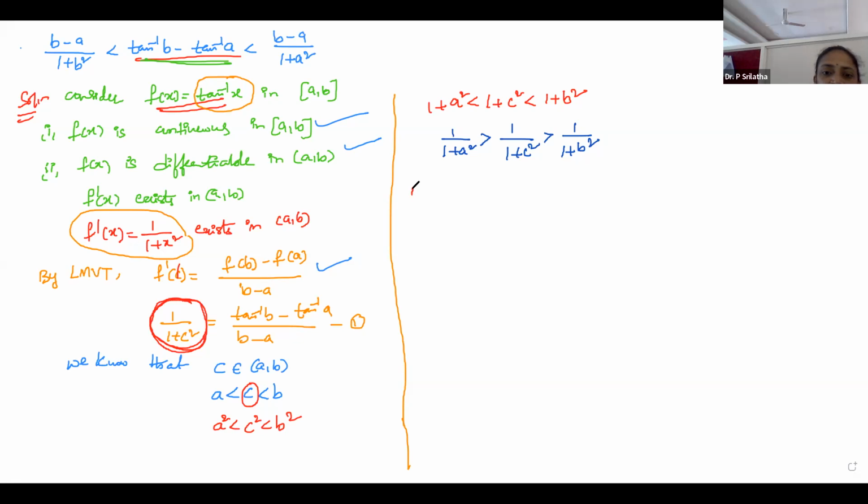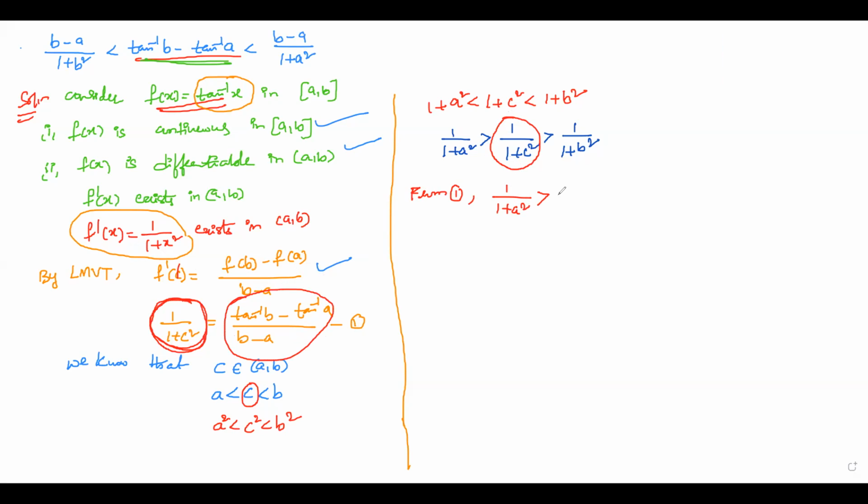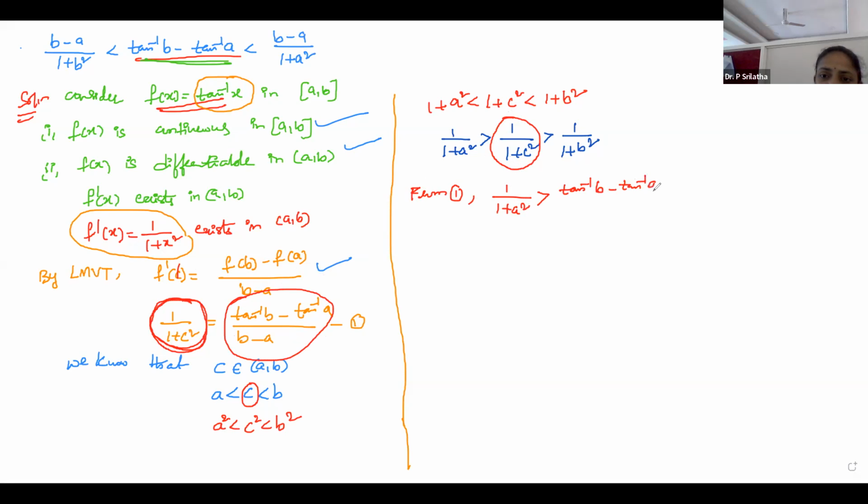So from equation 1, I am substituting the 1 by 1 plus c square value, which is tan inverse b minus tan inverse a divided by b minus a. So 1 by 1 plus a square is greater than tan inverse b minus tan inverse a divided by b minus a, which is greater than 1 by 1 plus b square. So is this in the form of the given statement?